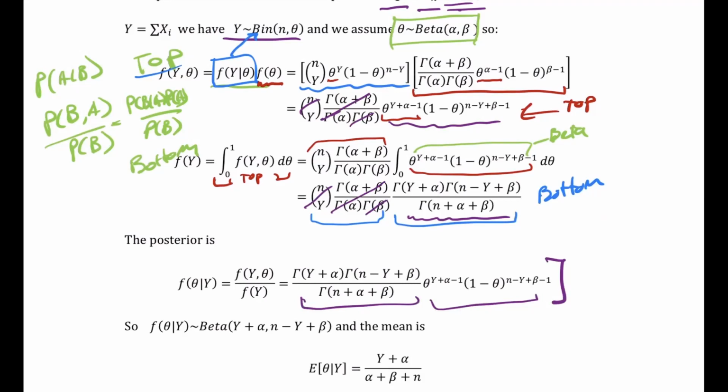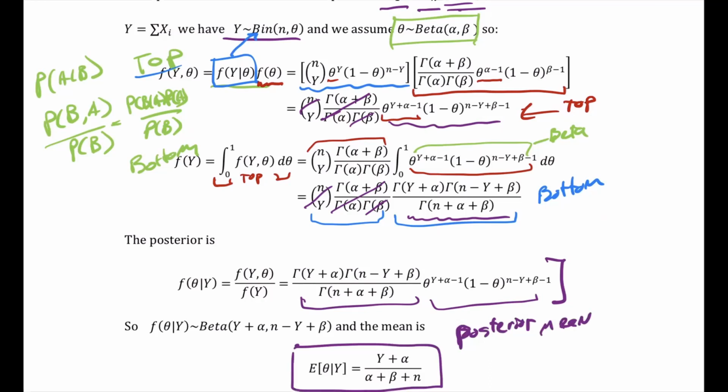And so this is just a beta distribution. Again, beta is a conjugate prior. So if I combine the beta and the binomial, I end up with a beta distribution. And the beta distribution has an interesting mean. This is actually the posterior mean.